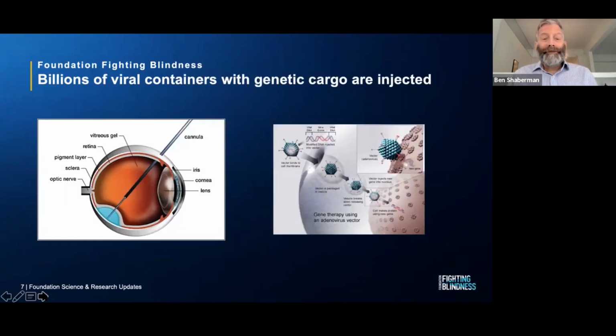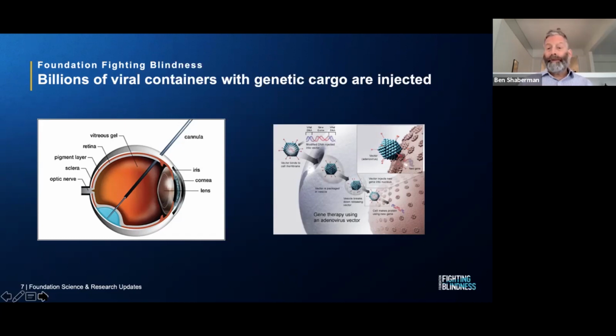So on the left side of this slide, I have a diagram of a subretinal injection. And that's the most common way that gene therapies are actually delivered to the retina right now. So what is depicted in this diagram is a needle injecting a tiny drop of fluid underneath the retina.